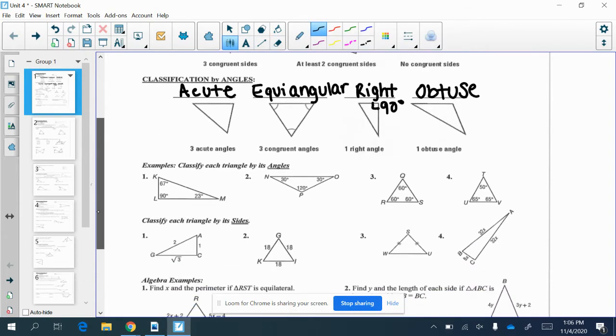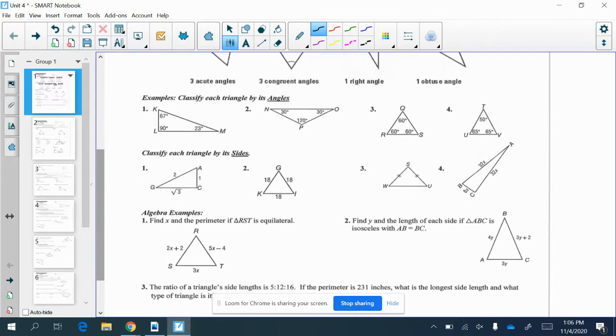So classifying each triangle by its angles, here I see we have one 90-degree angle, so that is going to be a right triangle. I have one obtuse angle, which is an angle above 90 degrees, so that is going to be an obtuse triangle. My angles here are all 60 degrees.